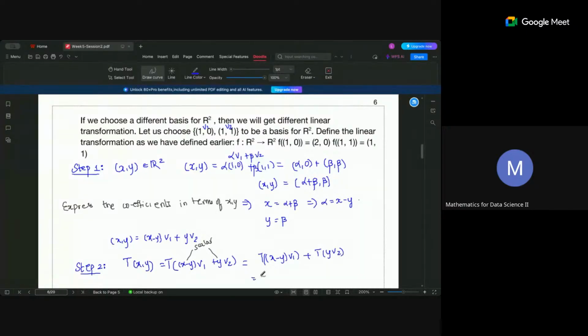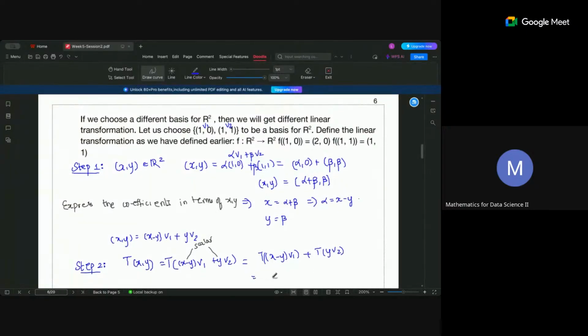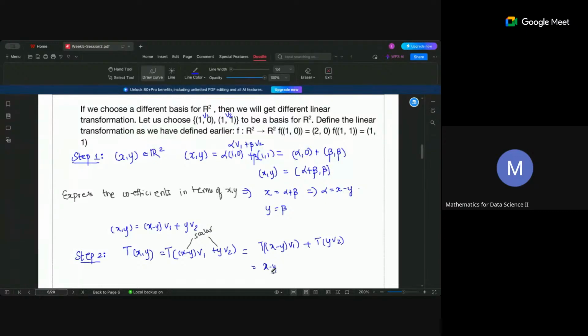And then since they are scalars, I know I can use property 2 and write it in this way. Now what is Tv1? Here actually it is F. Everywhere I have written T, so maybe I can change it to F.